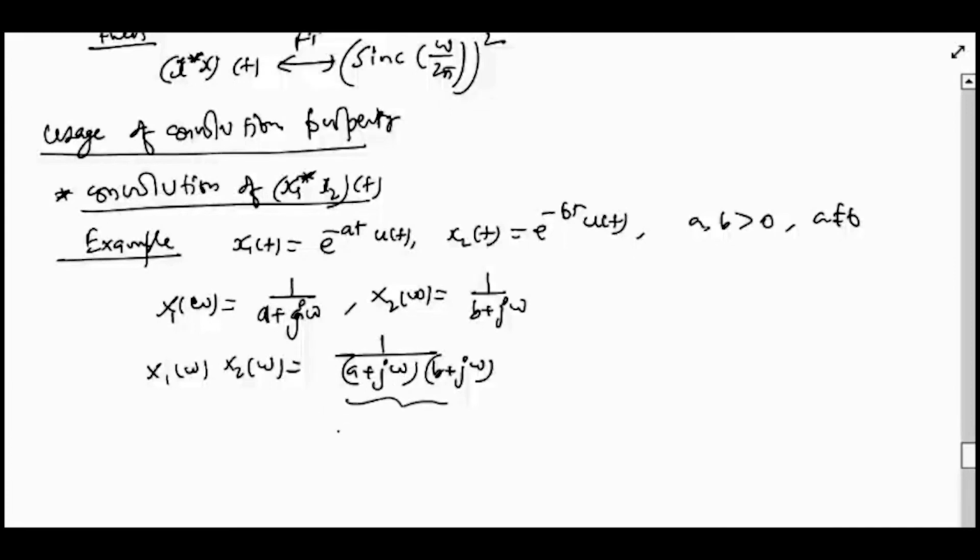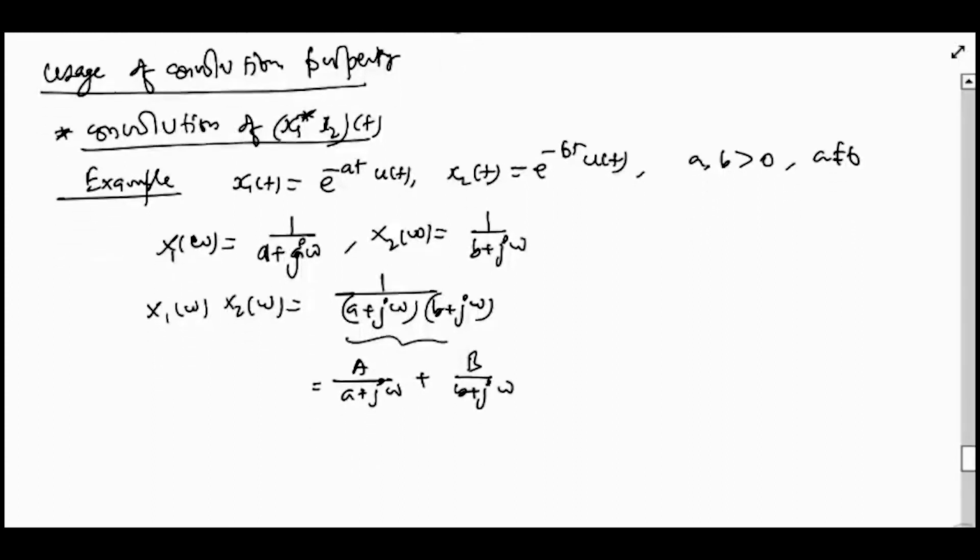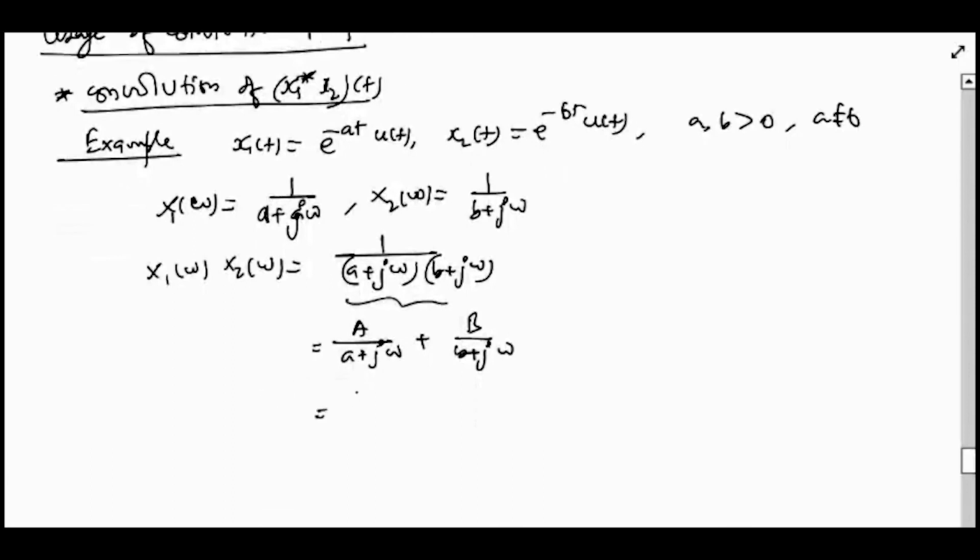Towards this, we will use the technique of partial fraction expansion, which says that we can write this right hand side as A by (a plus j omega) plus B by (b plus j omega) for two numbers A and B. This can further be worked out to (Ab plus Ba plus j(A plus B) omega) divided by (a plus j omega) times (b plus j omega).